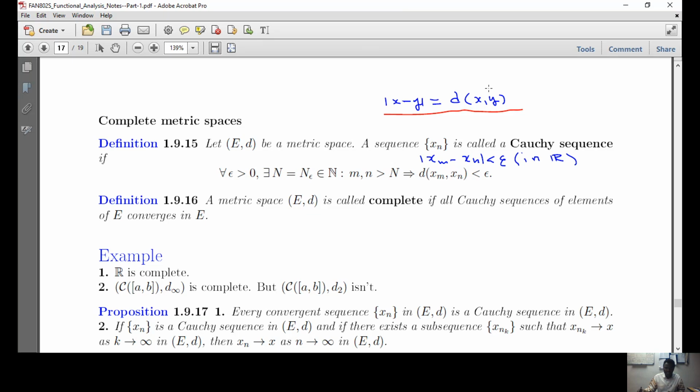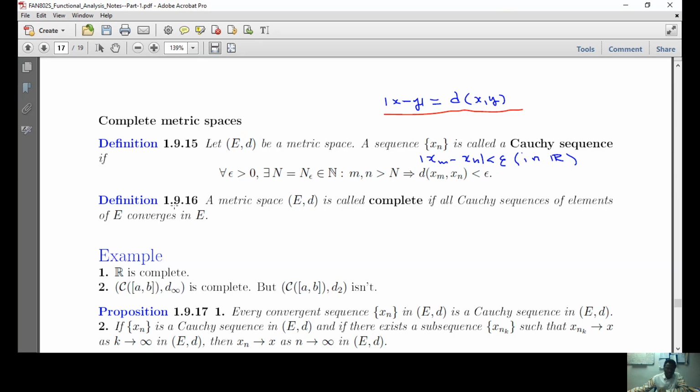So as we will see later on, we'll come back to this later on. Okay, if you are not in R, this distance will be replaced by the norm, right? The norm of the difference between x and y, right? If you are in a normed space, the distance can be represented by this.